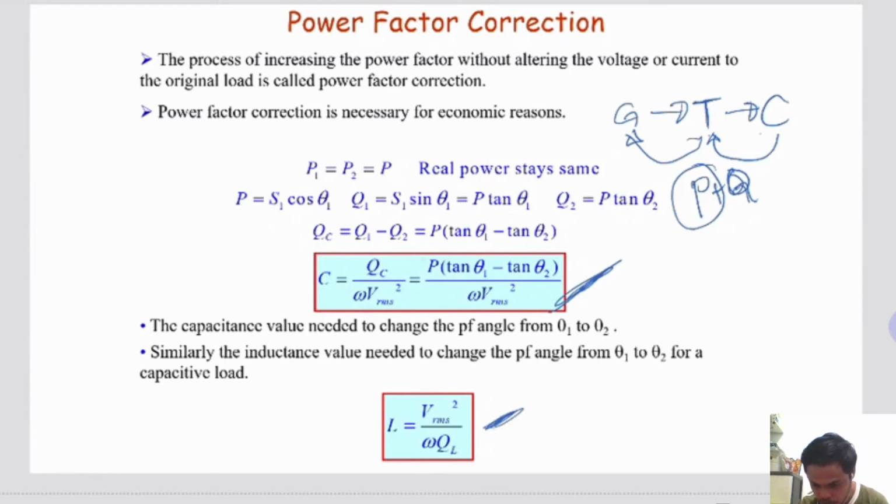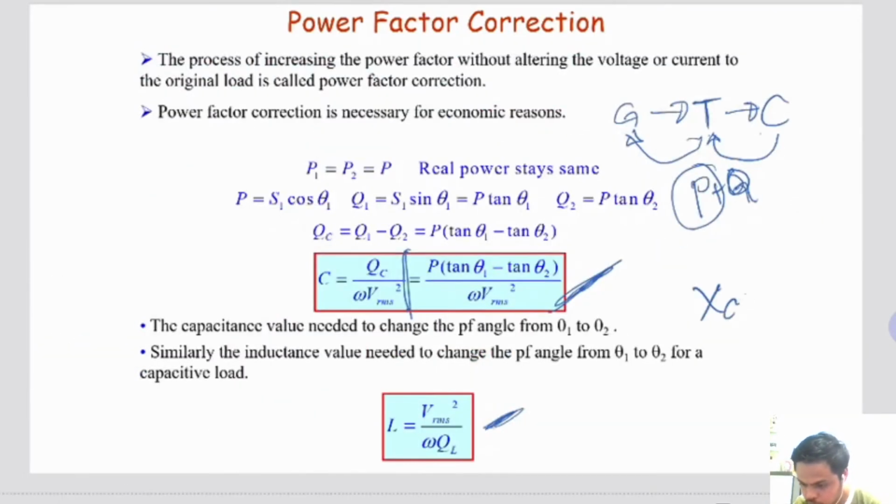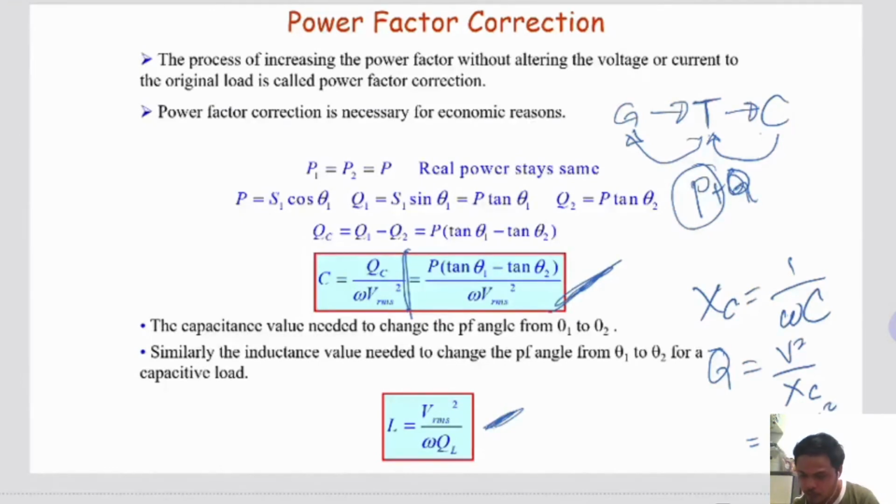Take note of the difference between capacitor and inductor, since here you have XC is actually 1 over omega C. Therefore, your Q is V squared over XC. That's why you have omega C V squared.